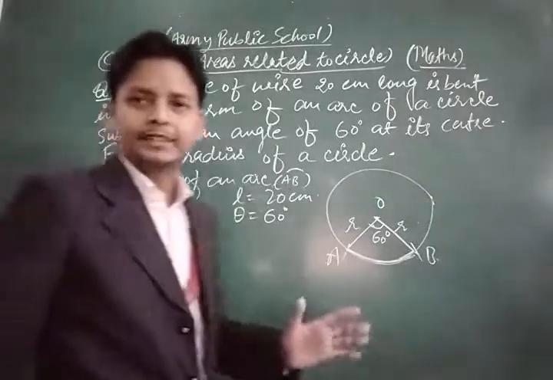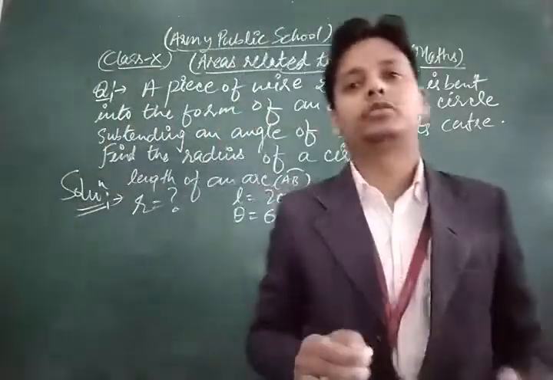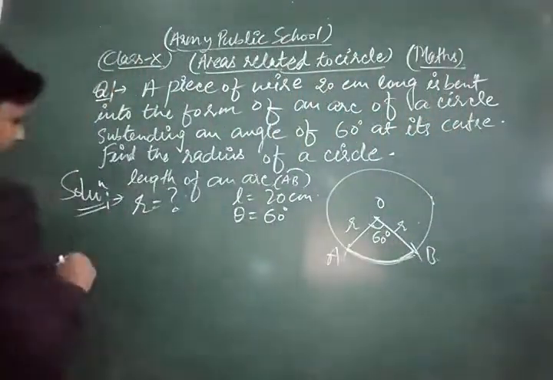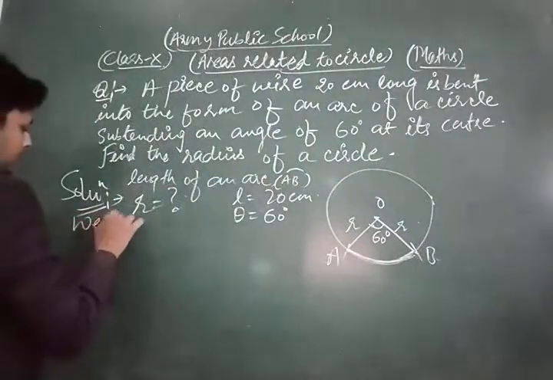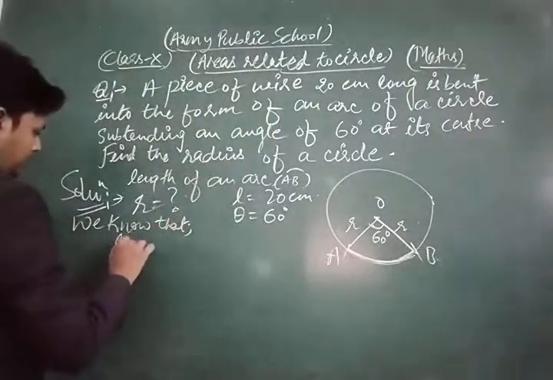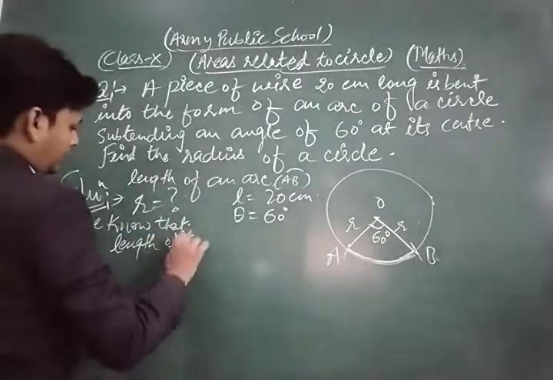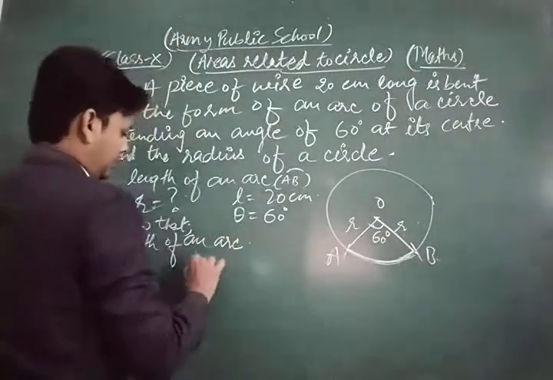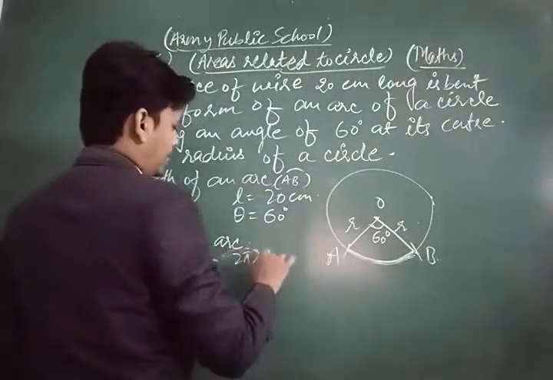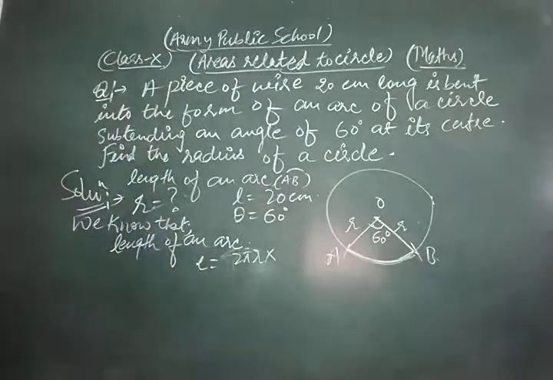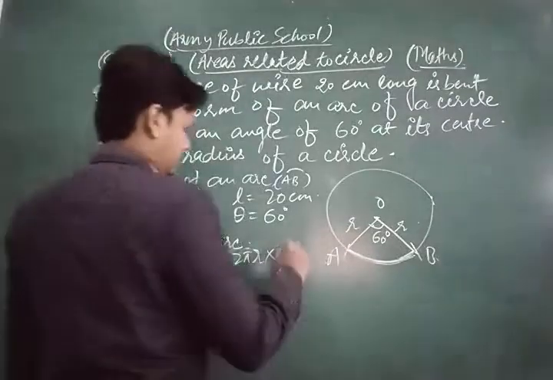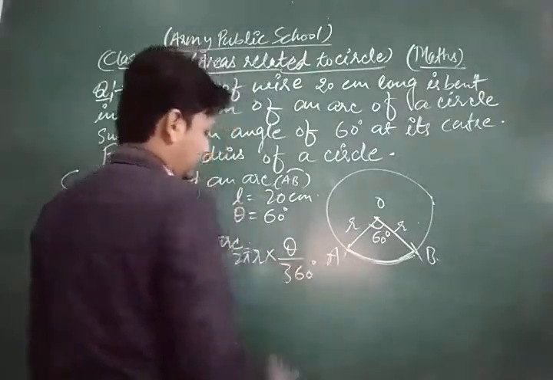So here, dear friend, we apply the formula of length of arc. We know that the length of arc L is equal to 2 pi r into theta upon 360.